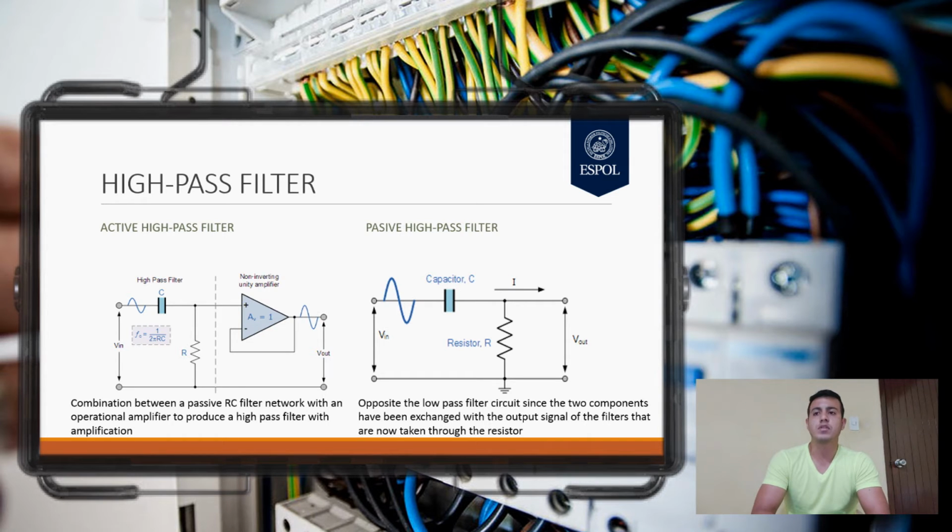The passive high-pass filter circuit, as the name implies, only passes signals above the selected cutoff point, eliminating any low-frequency signal from the waveform. Consider the circuit below.